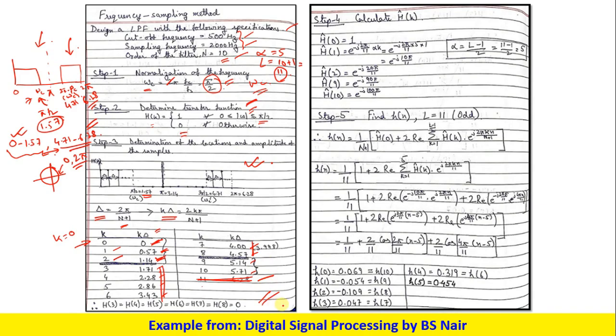Now next is to calculate H cap k, which is the sampled signal components. It is given by e to the power minus j 2 pi divided by N plus 1 into alpha into k.